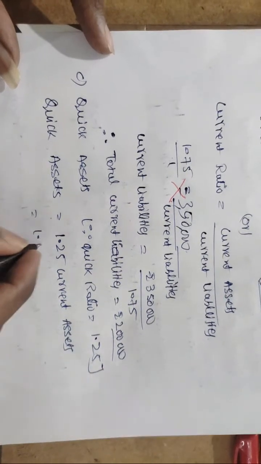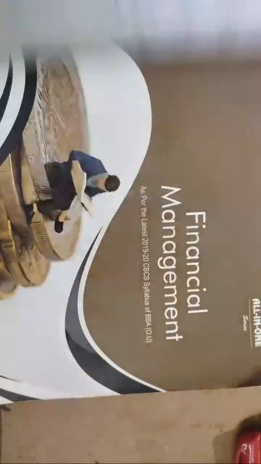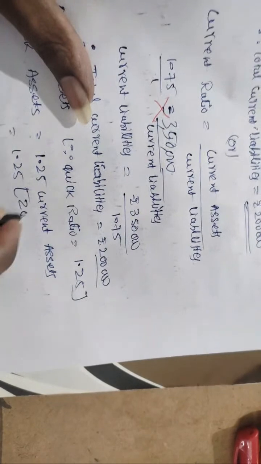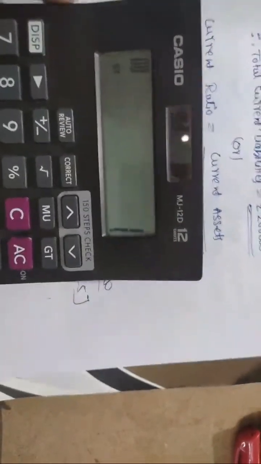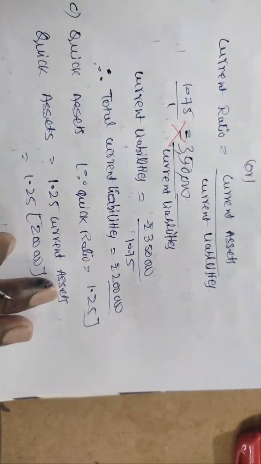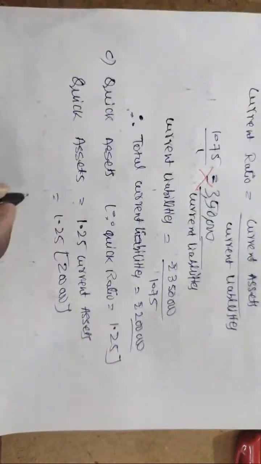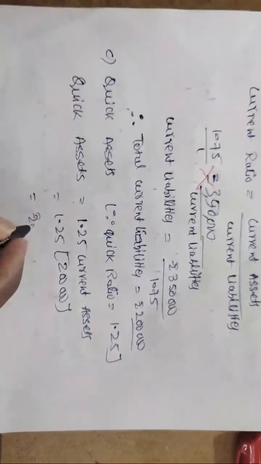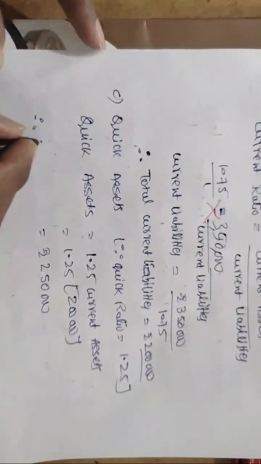So 1.25 into current assets, we got 1 current asset equals 2 lakhs. So 1 current asset is equal to 2 lakhs. If you multiply 2 lakhs into 1.25, it is rupees 2,50,000. Therefore, quick assets are rupees 2,50,000.